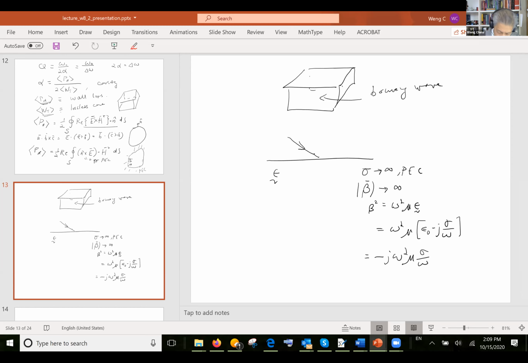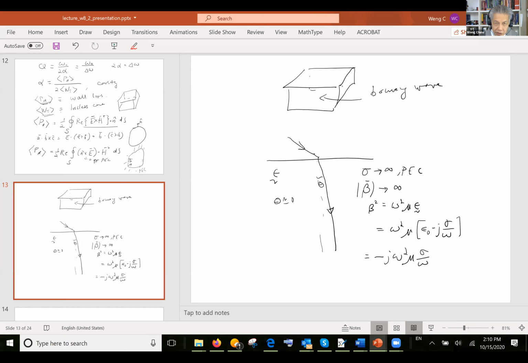So when beta becomes very, very large, by phase matching, this beta must be almost normal to the surface, just as you ordinarily find when the permittivity or the conductivity of the medium is very large.